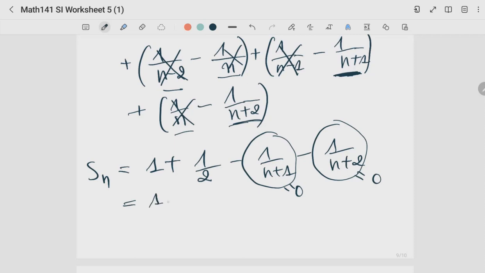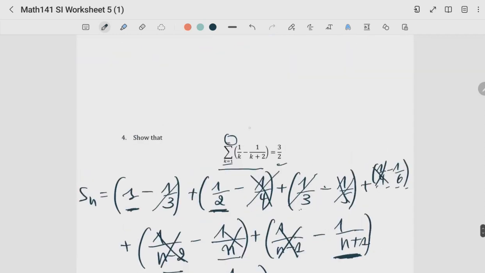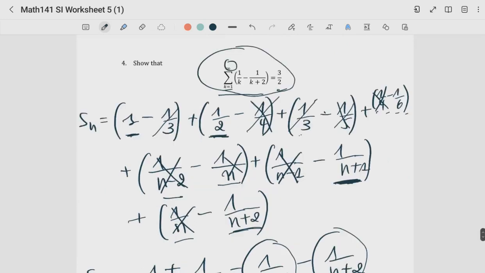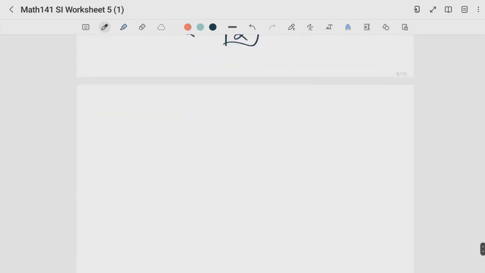Well, it means that you'll be left with 1 plus 1 over 2, which is 3 over 2. So this series will converge to a value of 3 over 2, as we were asked to prove. So that is the final answer there.